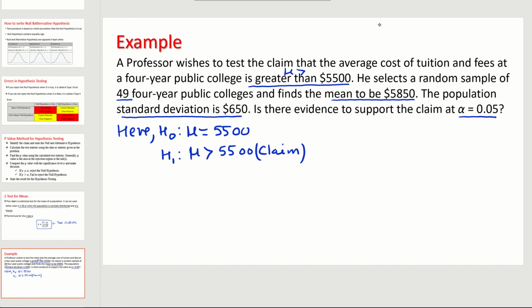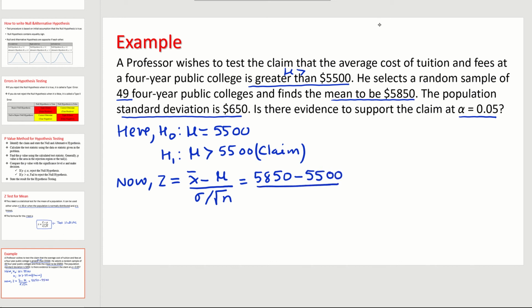Now in the second step, we use the information given in the problem to find the test statistic, which is Z equal to sample mean minus population mean divided by population standard deviation divided by the square root of the sample size, which is equal to 5,850 minus 5,500 divided by 650 over the square root of 49. Let's find out what that is equal to.